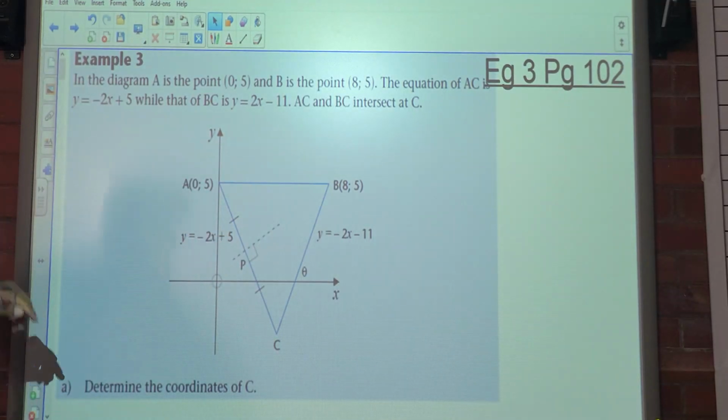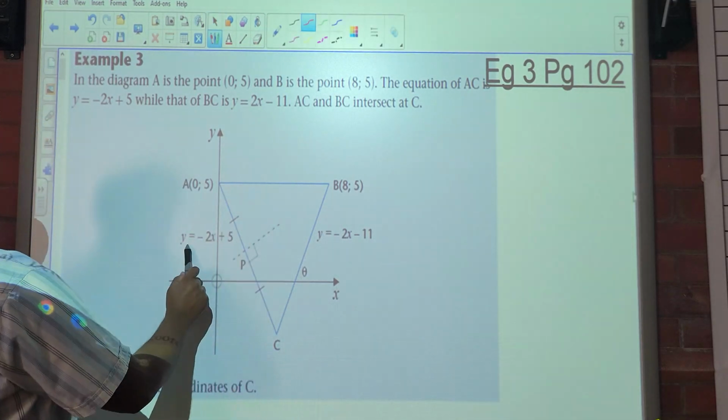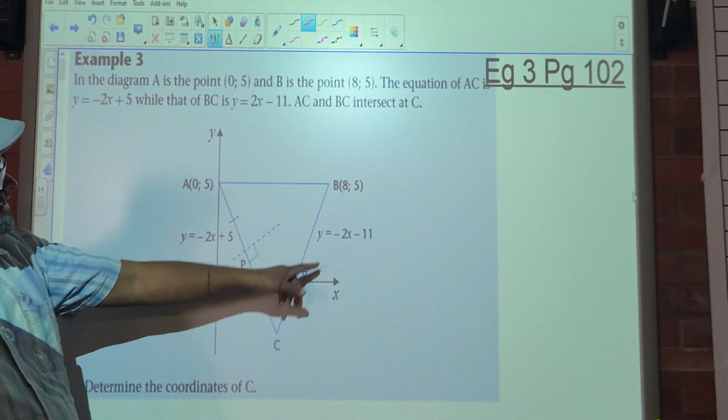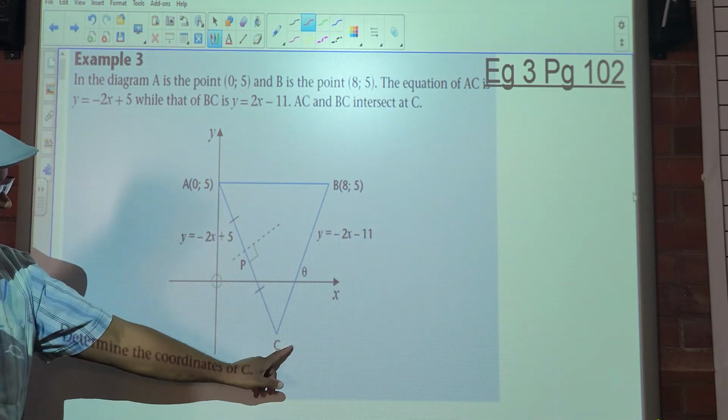The equation of AC is, you see this, okay, it's also on here. AC is y is equal to negative 2x plus 5, whilst BC is negative 2x minus 11. AC and BC intersect at C.